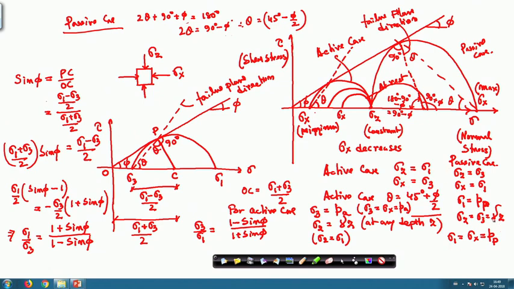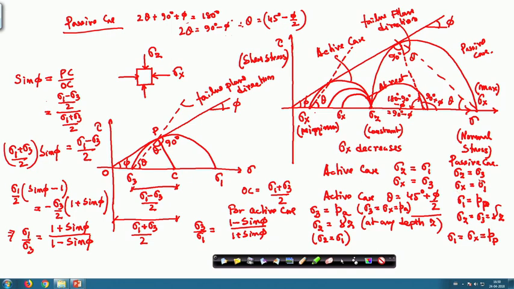But for the passive case, your sigma 1 is equal to P P and sigma z is equal to gamma into z, which is sigma 3, because in the active case sigma z is greater than sigma x, but for the passive case sigma x is greater than sigma z. So, that is why sigma z is sigma 3 for the passive case and sigma x is sigma 1.